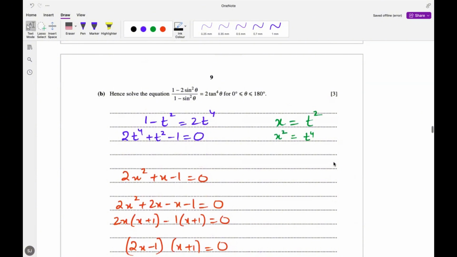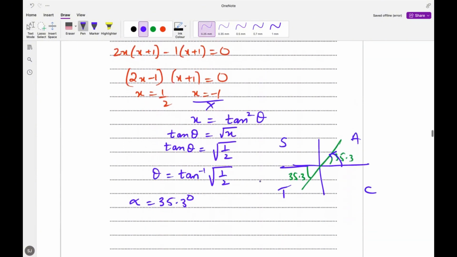However, we have to look at the range, which is 0 to 180, so the third quadrant angle will be beyond the range and we will not be taking it. However, the square root shows that we can also take the values of tan in the negative quadrants, so we'll also make 35.3 in the negative quadrant, as square root means both positive and negative values are considered.